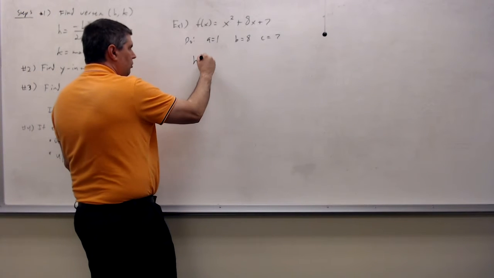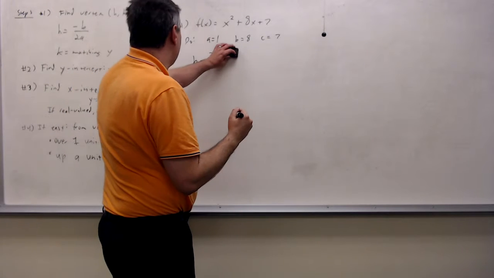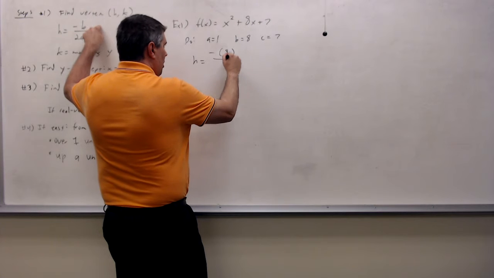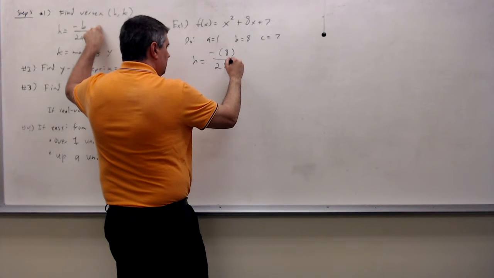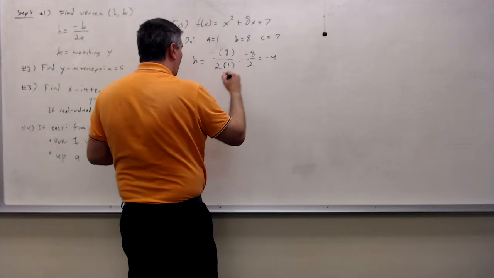So h equals negative 8 over, per the formula, 2 times 1, equals negative 8 over 2, which is negative 4.